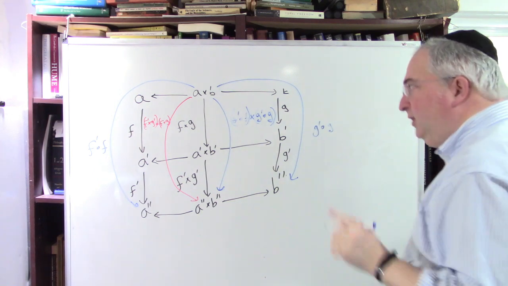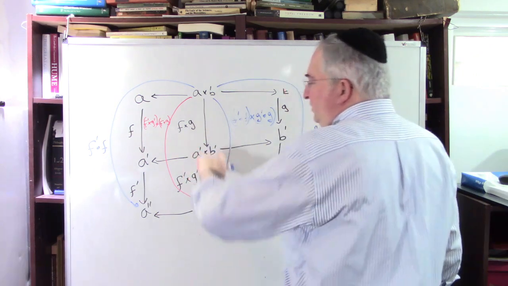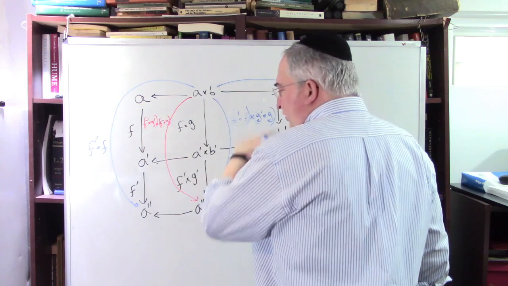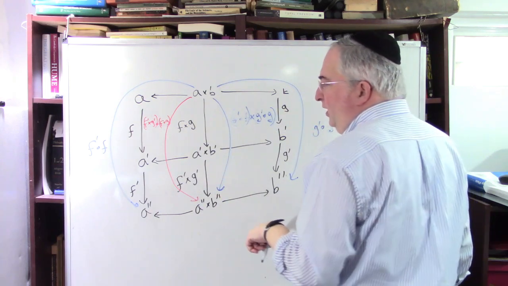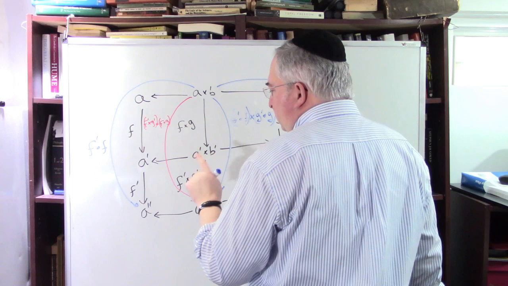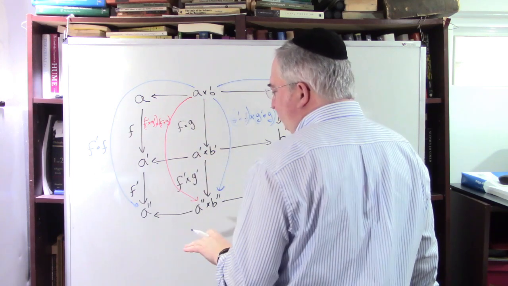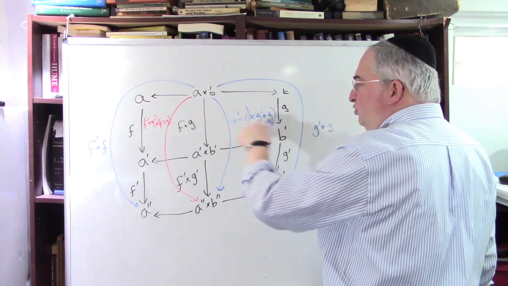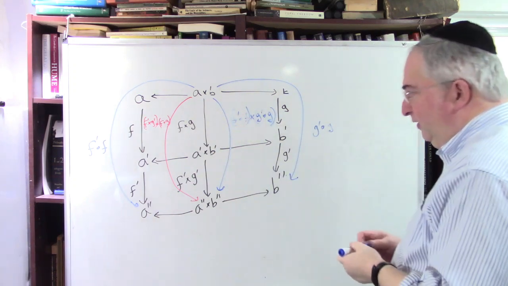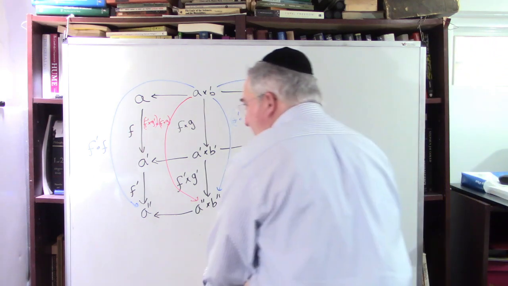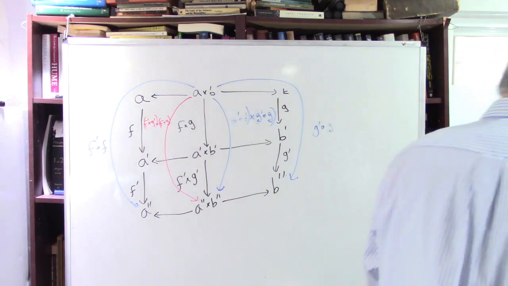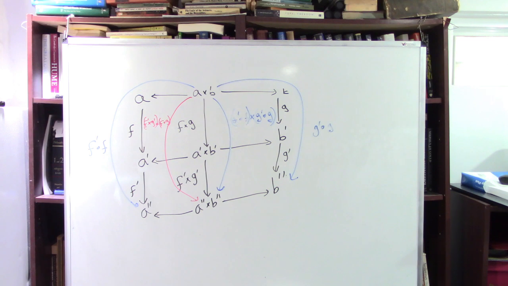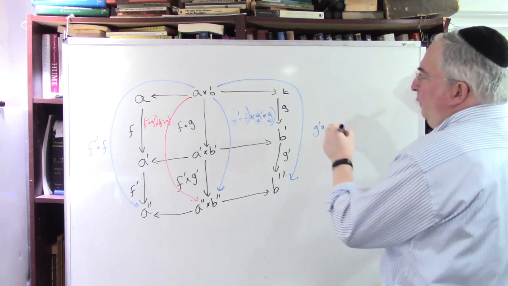Okay, but let's go through this. Main point is both of these, all the squares commute. Everything commutes over here. There's only one map from here to here, which means that these two maps are actually equal to each other. Okay, let's write that up as a rule. Ready?